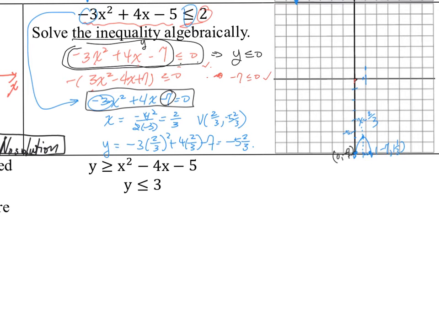So we would shade everything up here. However, I am not going to shade anything above the graph of y equals 0, because we want all y values less than or equal to 0. So in this case, we would take all the x coordinates to be your solutions. Your answer will be all real numbers.